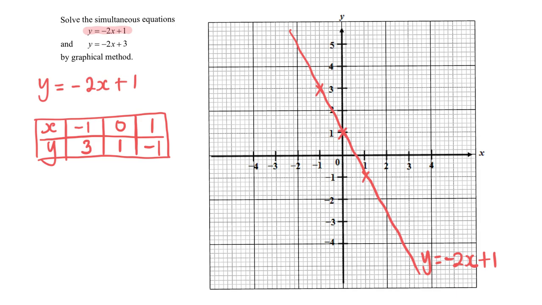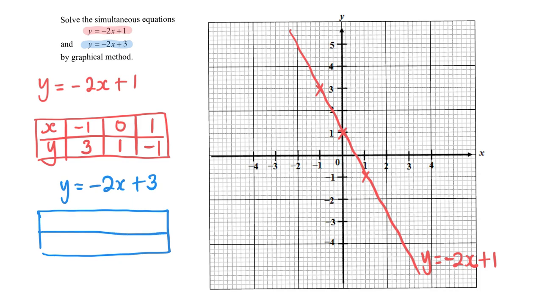I'm going to repeat the process for my next line, which will be my blue color line, for y equals -2x plus 3. Let's see what this would give me. Again, I'm going to try and get 3 points here: -1, 0, and 1.